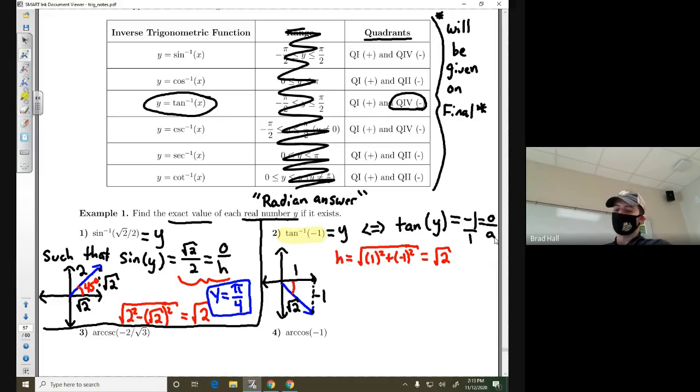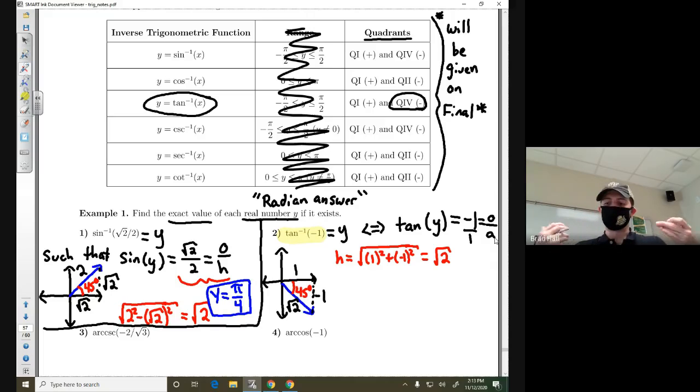But you may have already noticed, what kind of special triangle corresponds to when 2 of these sides are the same length? That's a 45-45 special triangle, which immediately tells us by using the dimensions of the triangle that the angle here is 45 degrees.